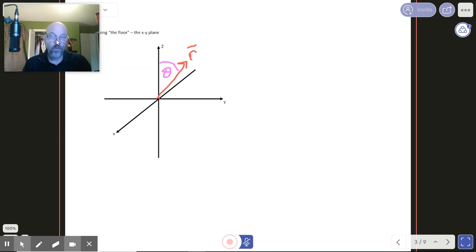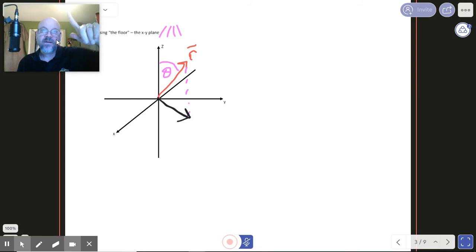Okay. Now, if we shine a light up here, then there would be a shadow right down here in the XY plane. And that shadow, technically, is called the projection of r onto the XY plane.